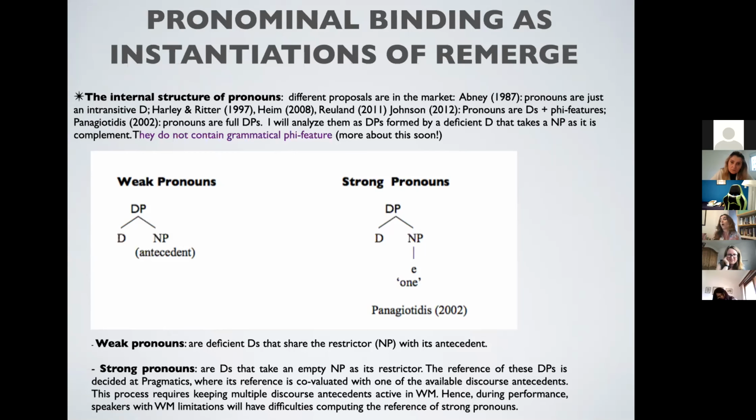That's like one, okay? It has the semantics of one. Weak pronouns are deficient. They share the restrictor with their antecedent. Strong pronouns, on the other hand, take an empty NP as their restrictor.